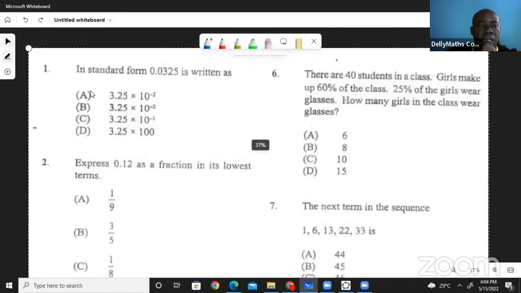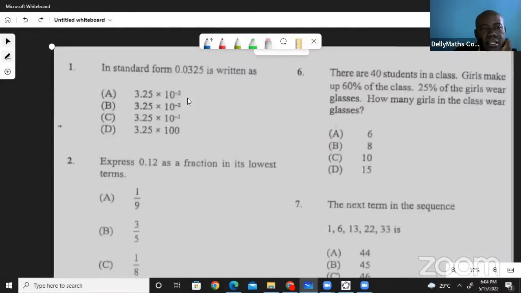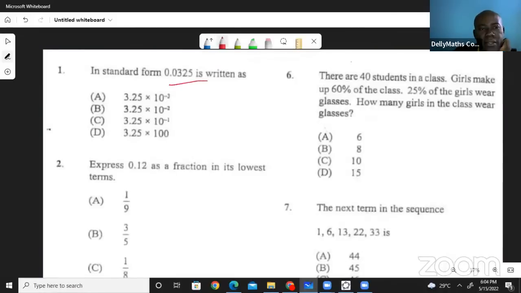It says here, in standard form, 0.0325 is written as what? Remember the idea that in standard form, it is written as a times 10 to the n, where a is a number that is less than 10 but greater than or equal to 1, right?